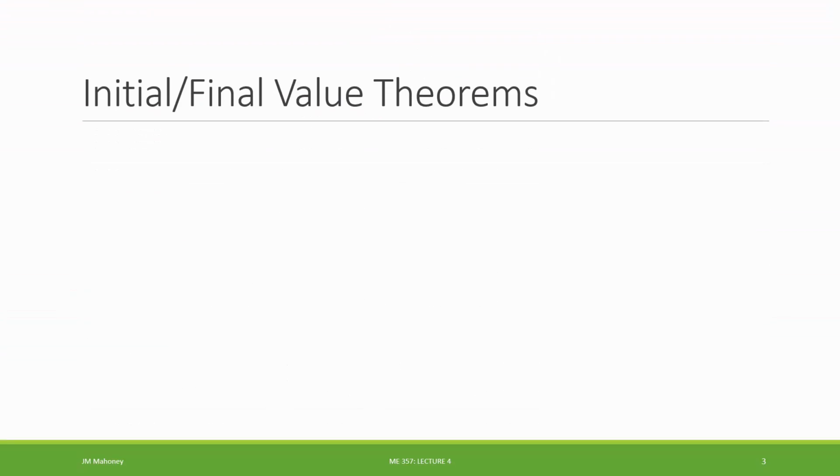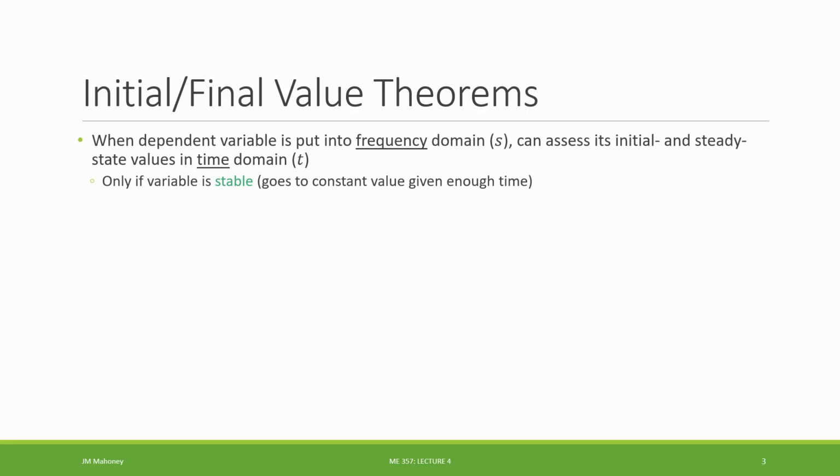So what do the initial value and final value theorems do? Well, if we have a dependent variable, so a variable that is a function of time, and we put it into the frequency domain by taking its Laplace transform, so it's now a function of S, we can assess its initial value and its steady state value, that is to say its value after a long time has passed.